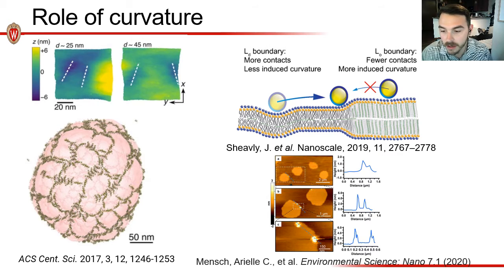Furthermore, our collaborators, who published a paper this year, found that nanoparticles bind near the raft boundaries in atomic force microscopy measurements, suggesting that our predictions were correct.